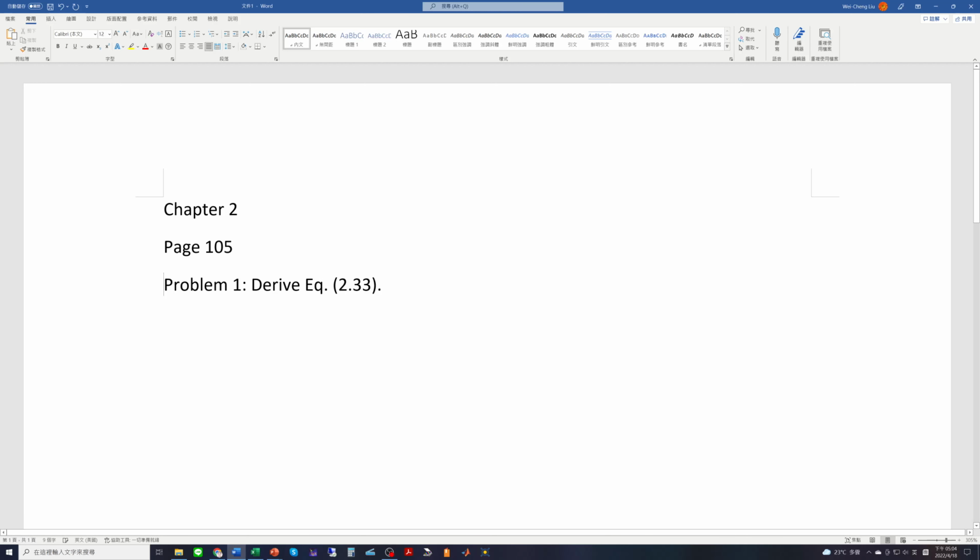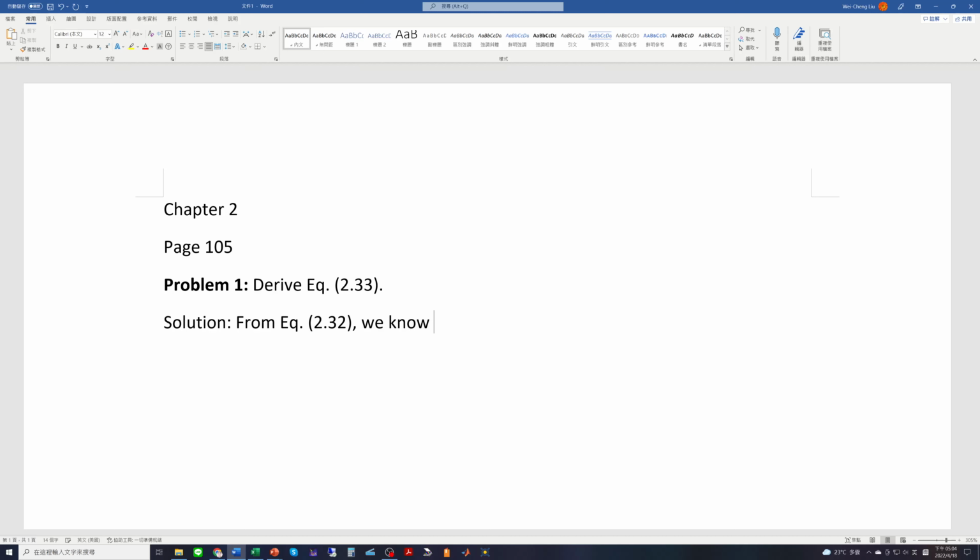Problem 1 should be boldface. And the solution. From equation 2.32, we know that. Solution should be boldface.